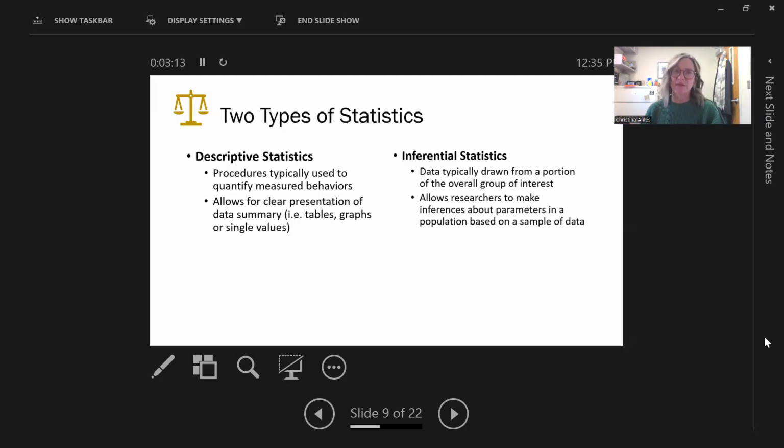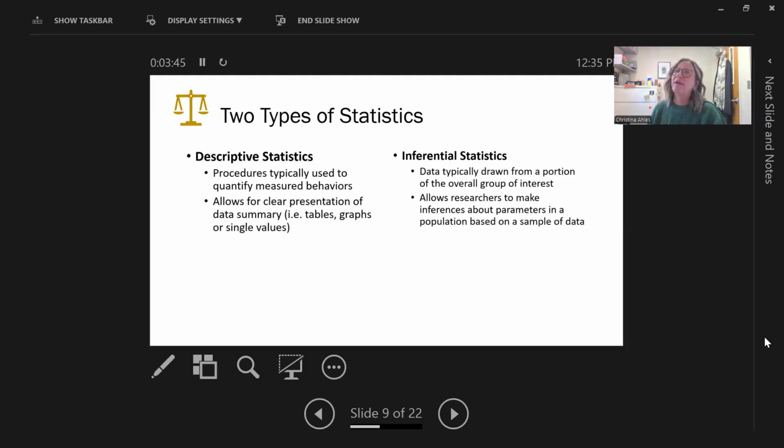After we get past descriptive statistics, which is the beginning of the semester, we're going to use descriptive statistics and then go into inferential statistics. This is where we actually test hypotheses. We can typically take a sample that is taken from the population, and we'll talk about that more. We'll test something about this group that we're interested in, and it allows researchers to infer about the population parameters.